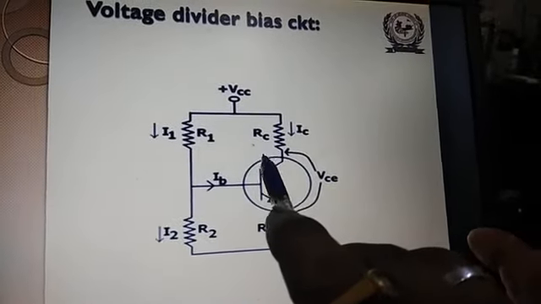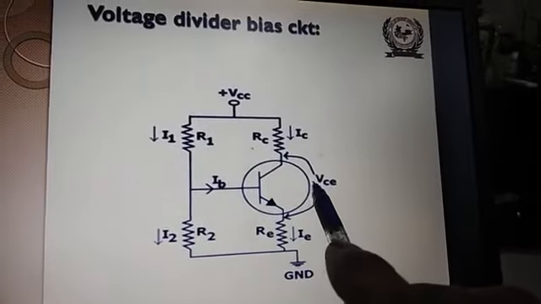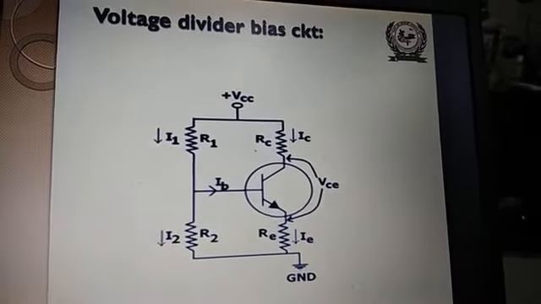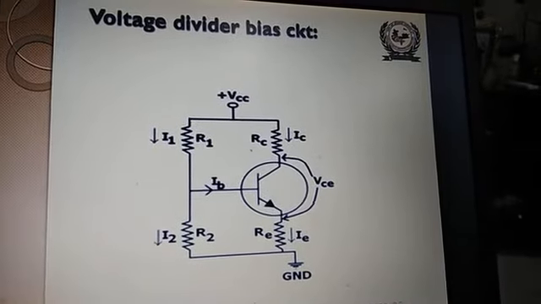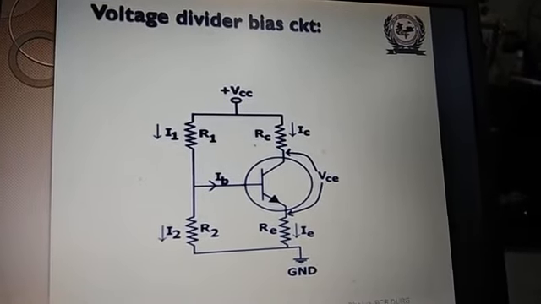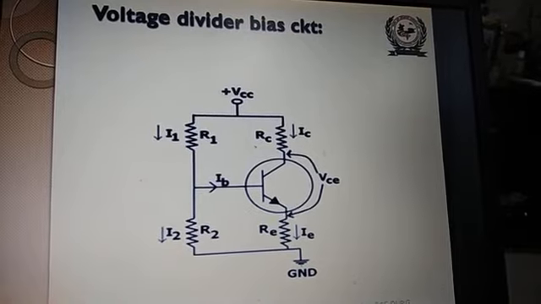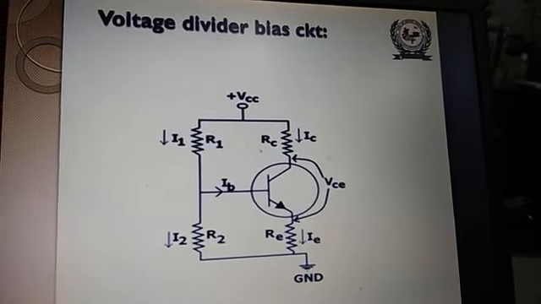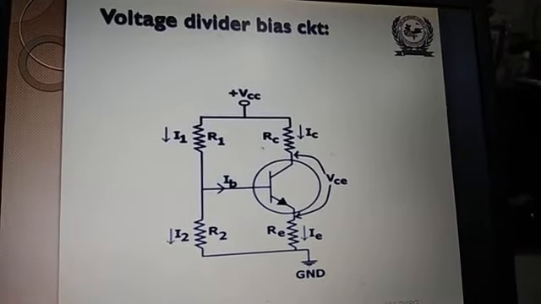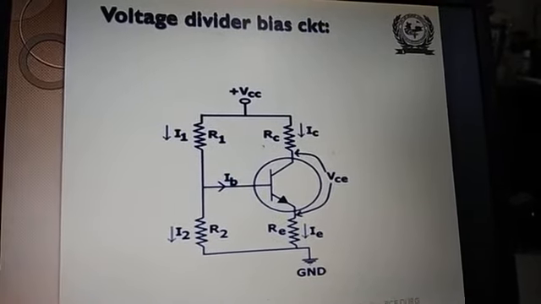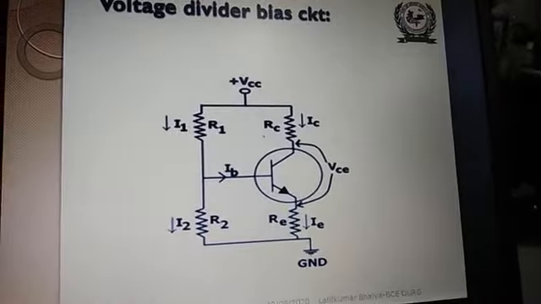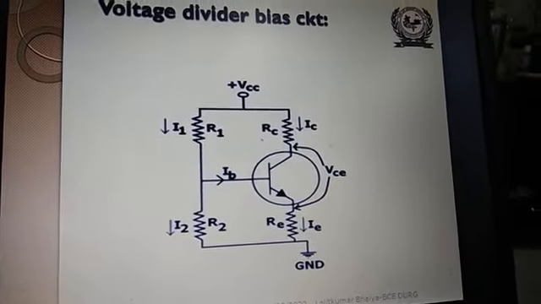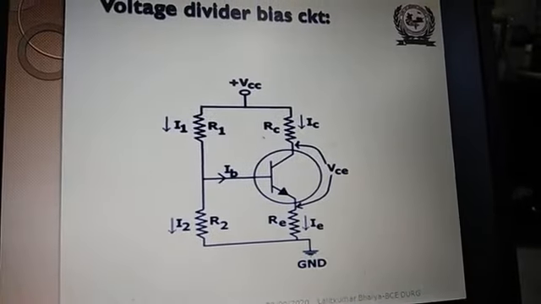So as the temperature increases, this ICO, the reverse saturation current of this transistor, will double. And according to the equation developed from the transistor circuit, IC is equal to 1 plus beta times ICO plus beta times IB.